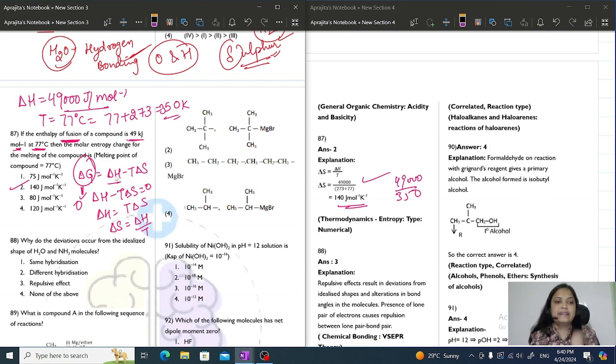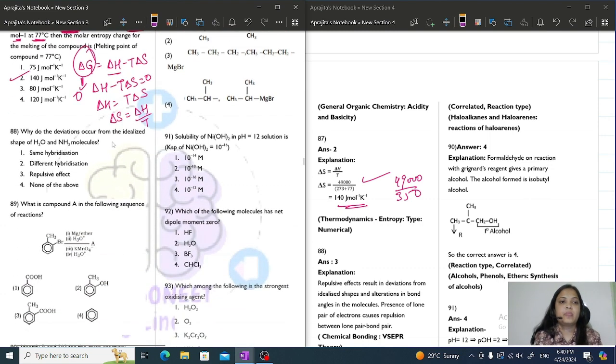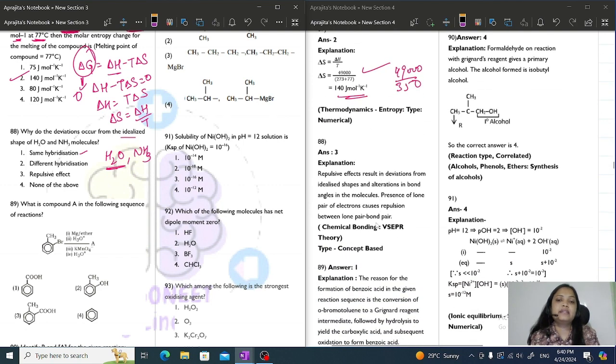Now question number 88. Why does the deviation occur from the idealized shape of H2O and NH3 molecules? The deviations from idealized shape actually happen because of the presence of lone pair.